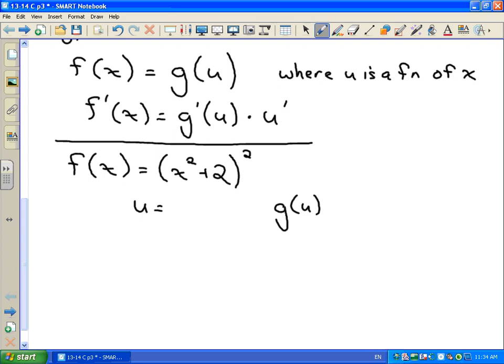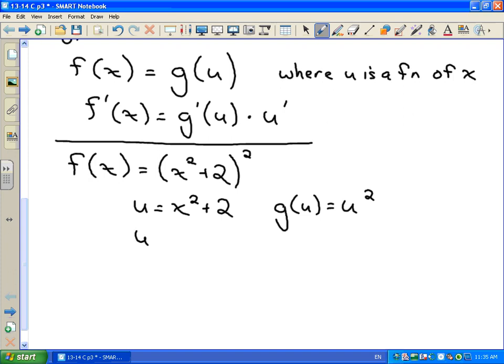What is sort of the function that is at the end of the composition of these two? x squared plus 2. Yeah, it's what is inside these brackets here, x squared plus 2. And what is our outer function, or g at u? Yeah, x squared, or in this case we'll write it as u squared. Okay, so if u is x squared plus 2, what this function is doing is taking u, or whatever is in the brackets, and squaring it.